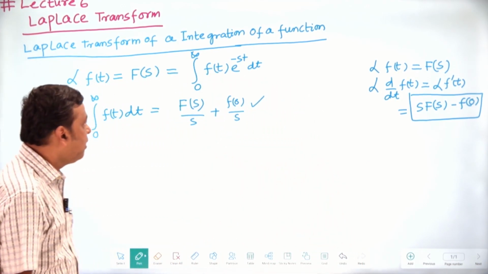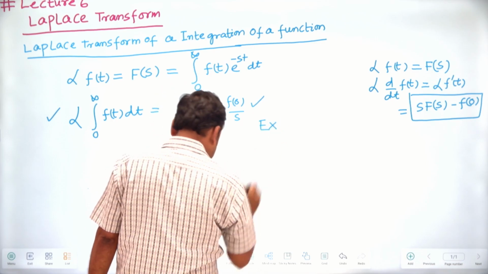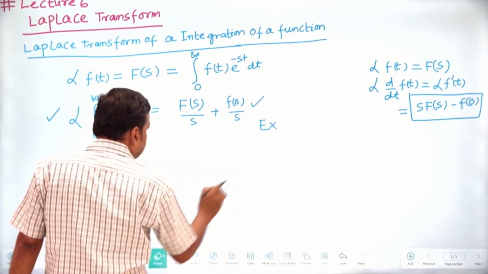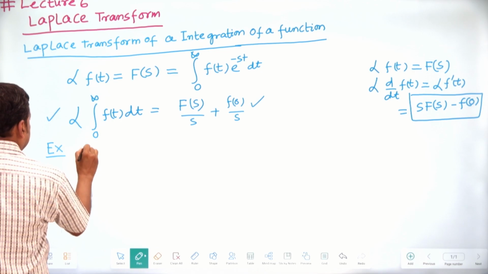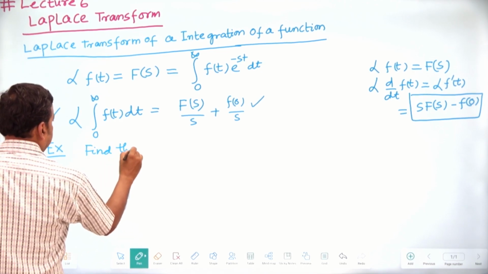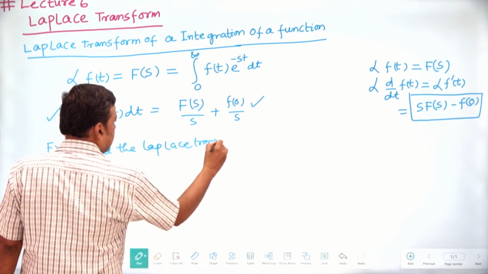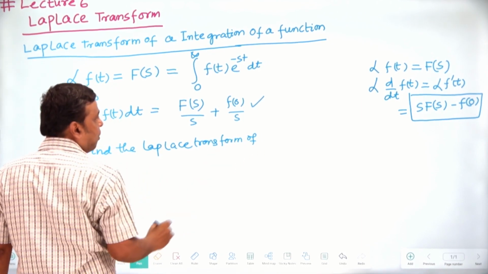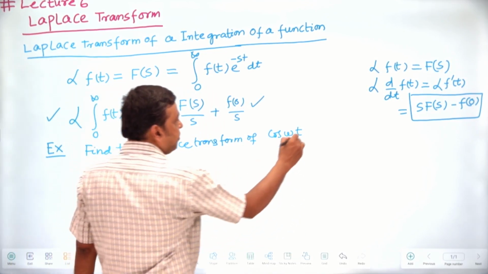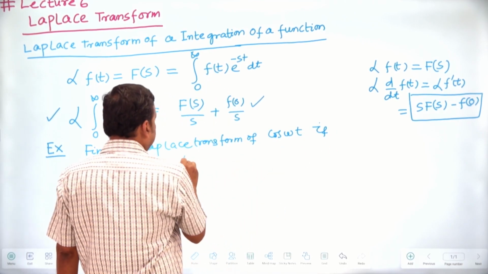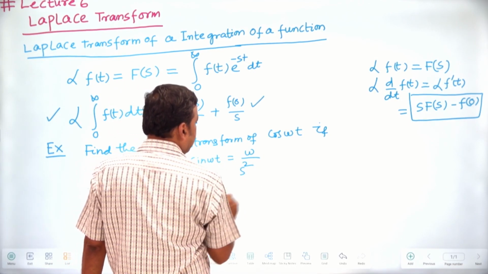For example, suppose I ask you to find the Laplace transform of cos omega t, if the Laplace transform of sin omega t is omega by a square plus omega square.